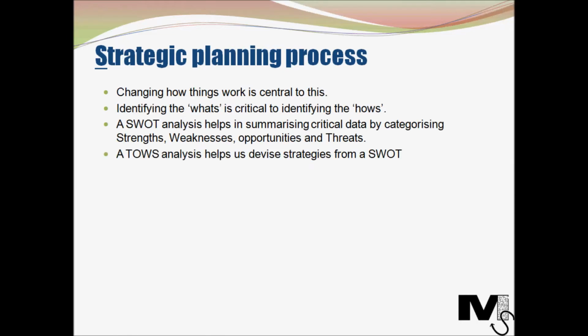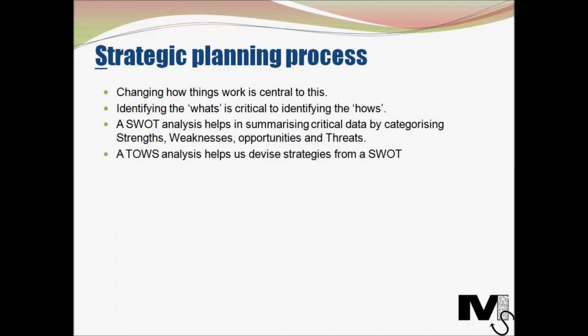Now, in broad terms, the goal of a strategic planning process is to change or amend the organization's strategy. Changing how things work in the organization is central to this. To start the process, we identify what we need to change or what needs improving in the organization.